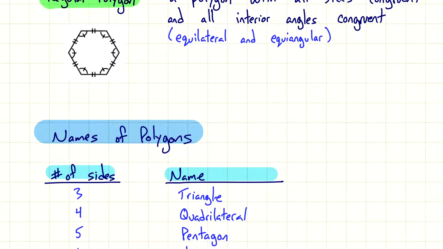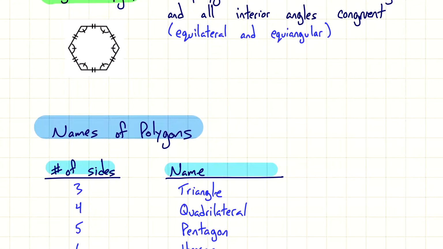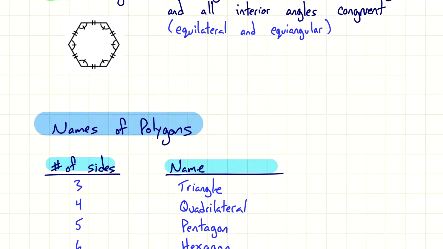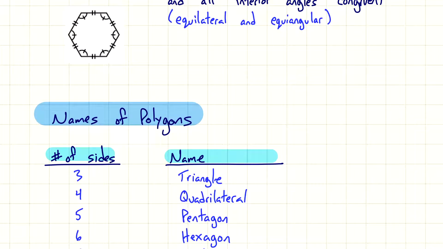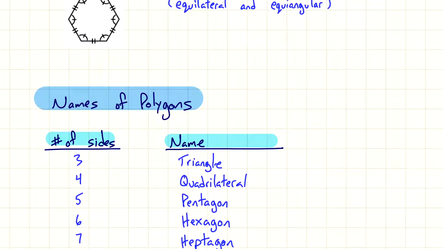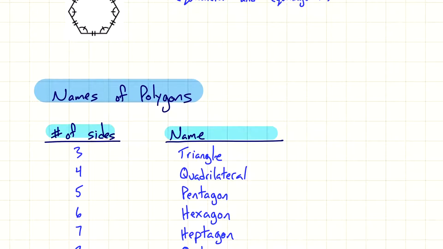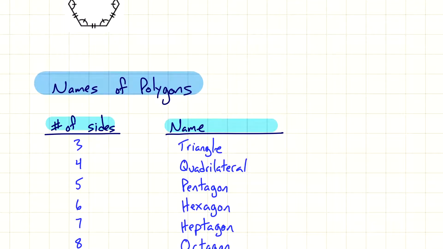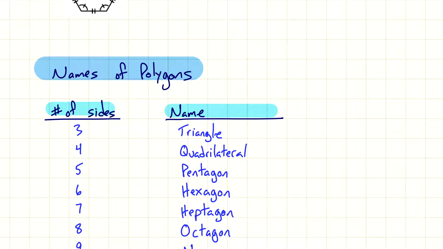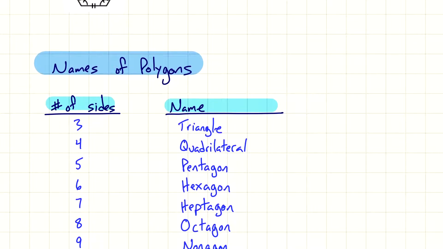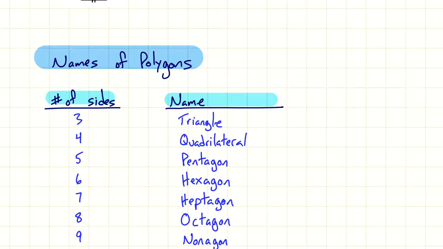A polygon with 3 sides is a triangle, which we're all familiar with. 4 sides, quadrilateral, we just spent a lot of time with. 5 sides is a pentagon. 6 is a hexagon. 7 is a heptagon, I hope I got that one right, I didn't look it up. 8 is an octagon. Traditionally, we see an octagon with a stop sign, which usually has 8 sides. Or maybe someone's fighting in an octagon.